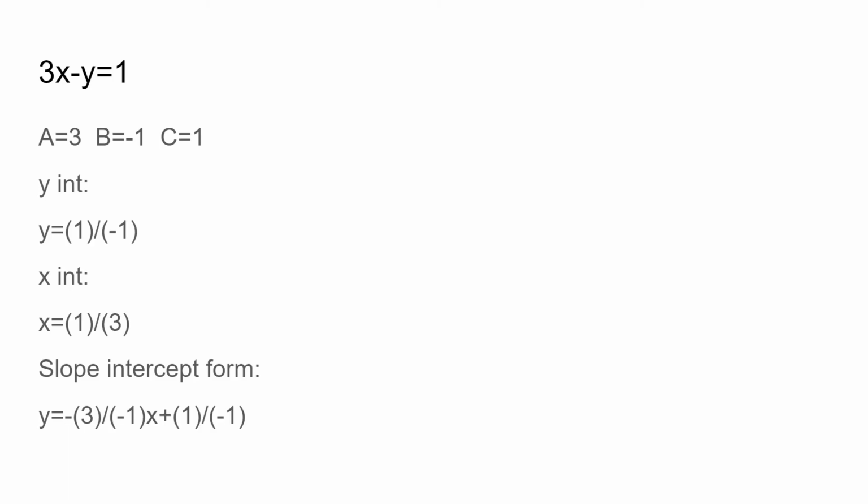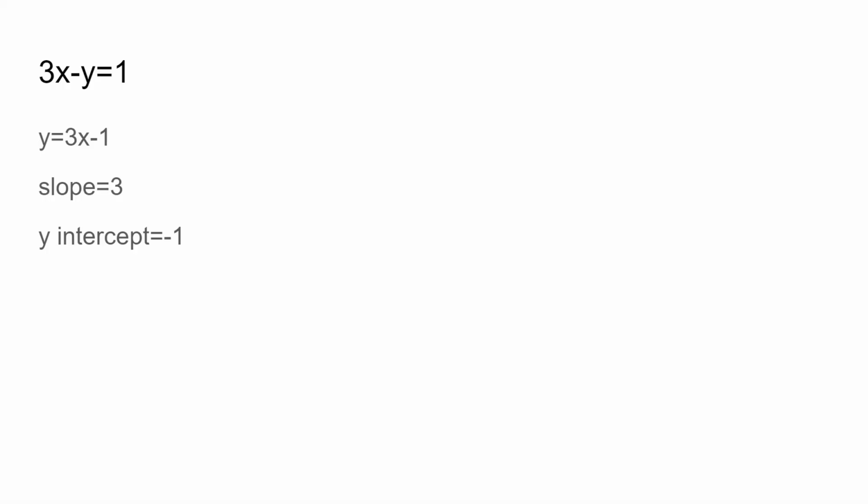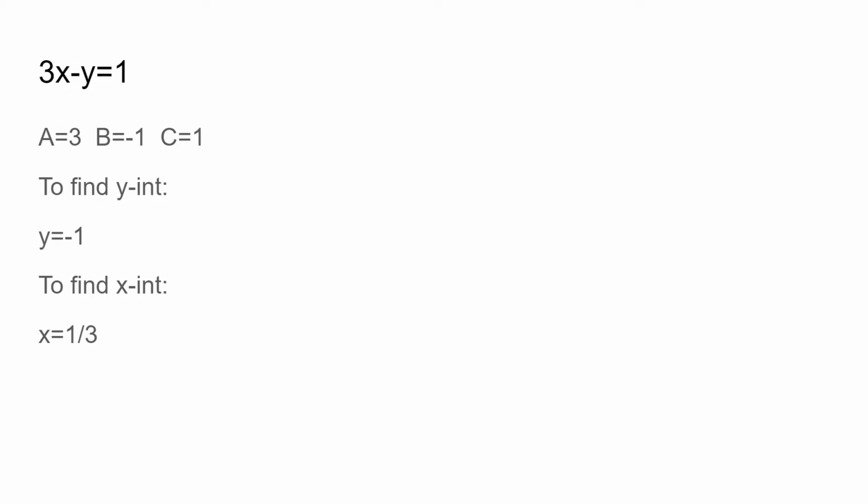And these are what we got earlier when we used different methods. So the slope-intercept form is y equals 3x minus 1, and we also found that the y and x intercepts are negative 1 and 1/3.